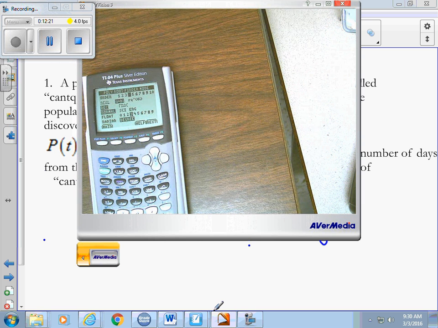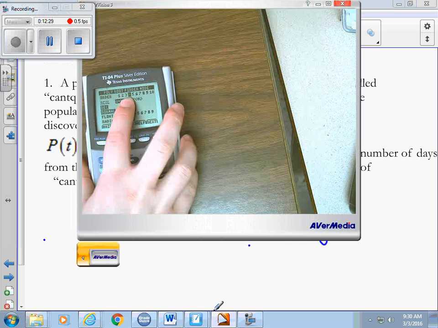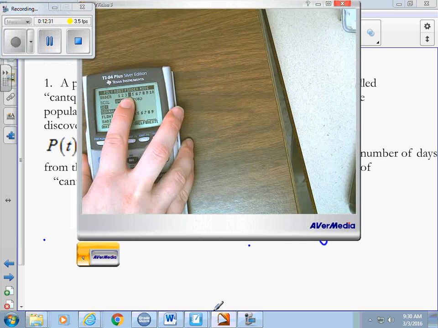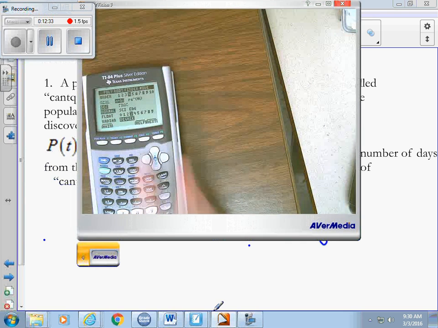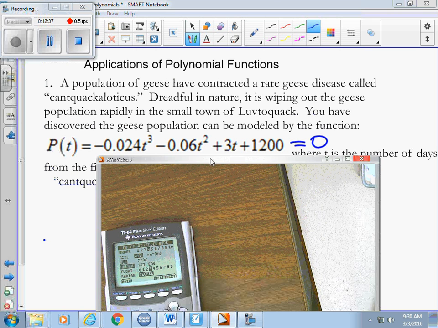What is a root? A 0, right? That's what I want. The degree of the function was, what was it? 3? Was it x cubed? Yep. So 3, and then I'm going to go to next.